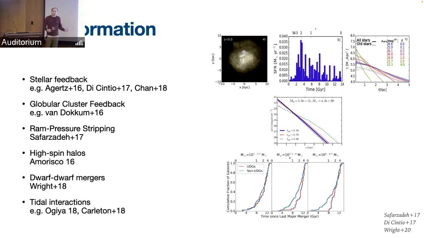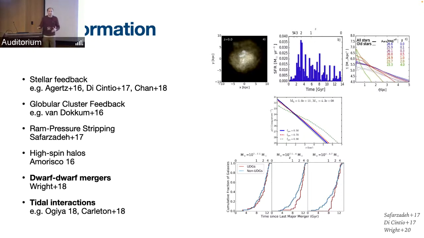Or maybe there are some environmental effects at play, like ram pressure stripping, the specific merger history, or tidal interactions within the cluster. All of these are consistent with some, but not all, of the observational properties that we see in UDGs today.